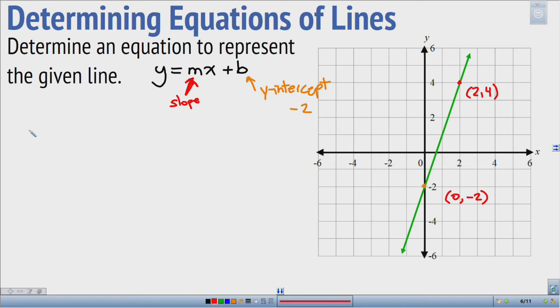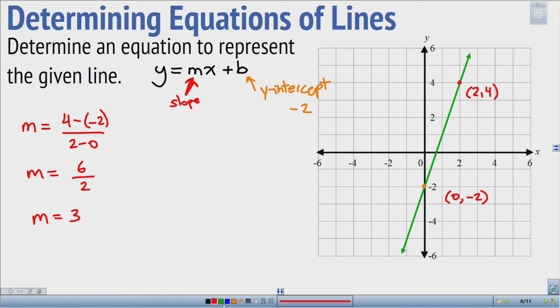So the slope, m, is equal to, remember we subtract the y values, it doesn't really matter, let's do 4 take away -2, divided by 2 take away 0, because I subtract the x numbers. So 4 take away -2 is 6, divided by 2 take away 0, which is 2. So m here is equal to 6 divided by 2, which is 3.